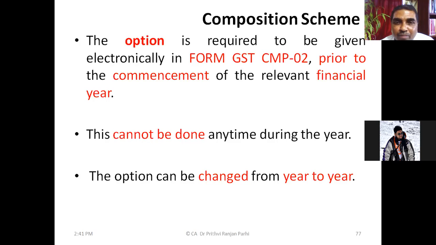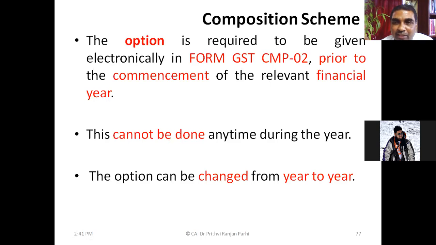Electronically, a particular form, GST CMP-02, GST composition 02, has to be filed prior to commencement of the relevant financial year. So before commencement of the financial year, this option has to be exercised. It cannot be done anytime during the year unless government specifically gives a notification. Sometimes government does it in different situations.